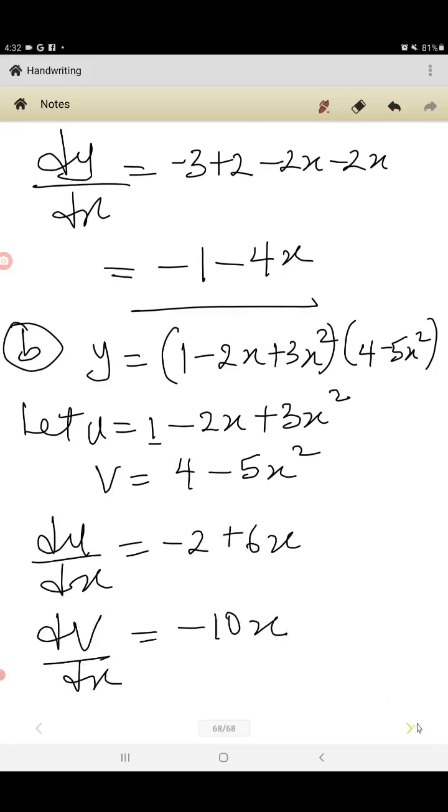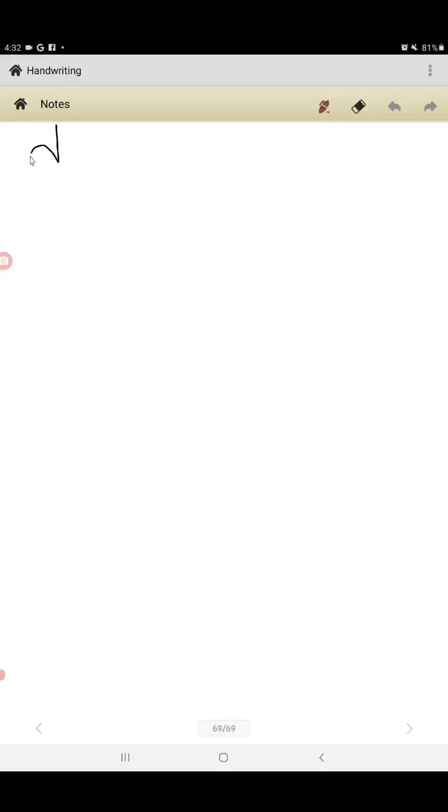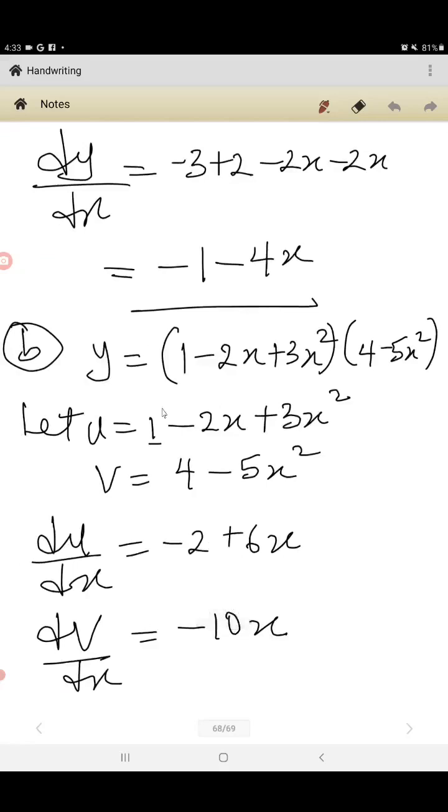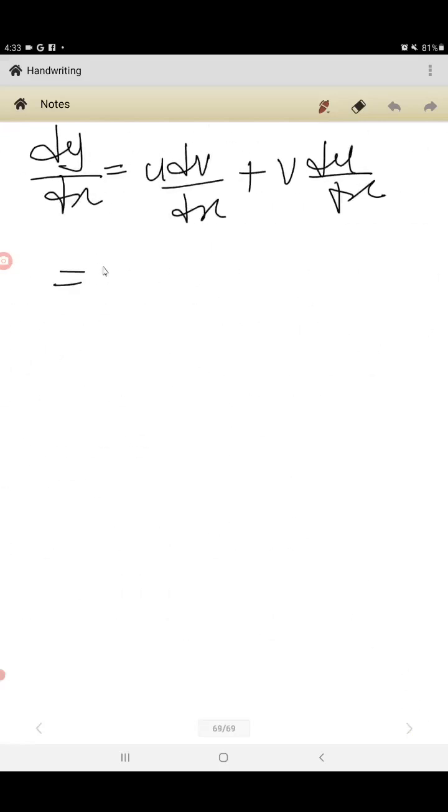So now let's apply the formula that dy/dx is equal to u dv/dx plus v du/dx. From here, the value of u is 1 minus 2x plus 3x squared, multiplied by dv/dx.